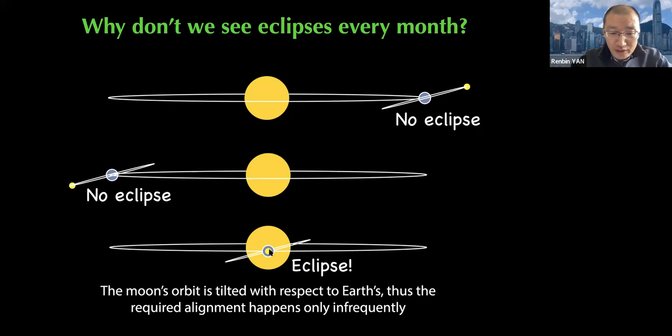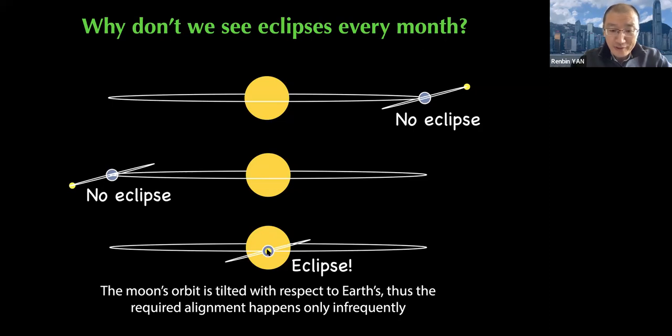However, when the Earth is over here, at this position, where the moon is on the opposite side of the orbit of Earth away from the sun, it will be going into the shadow of the Earth. And so in this place on the orbit, when the Earth is at this place, and when the moon is on the opposite side of the orbit from the sun, then we can see a lunar eclipse.